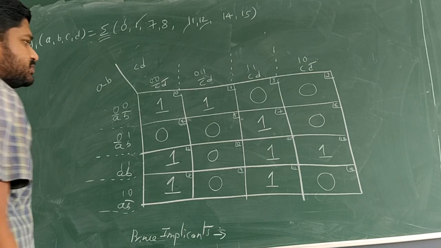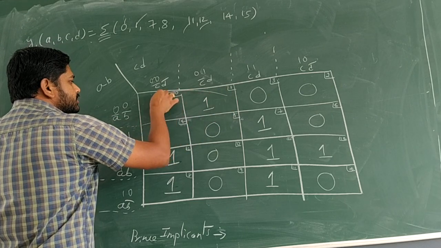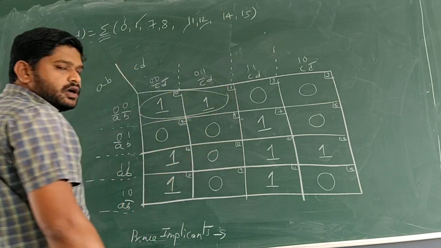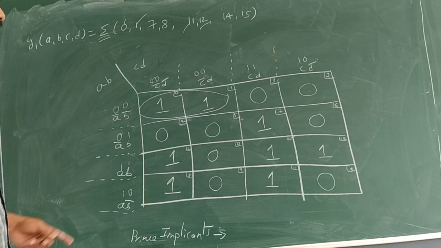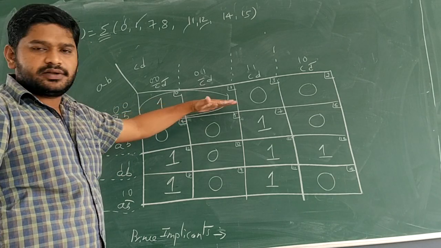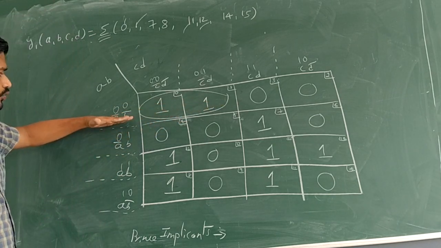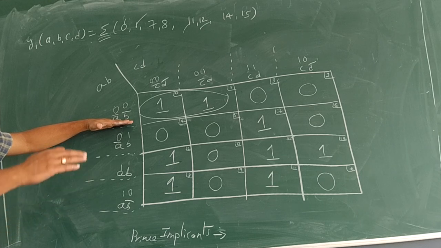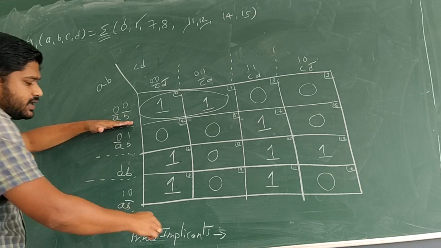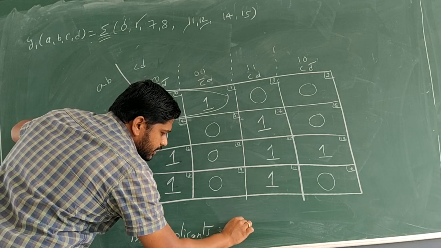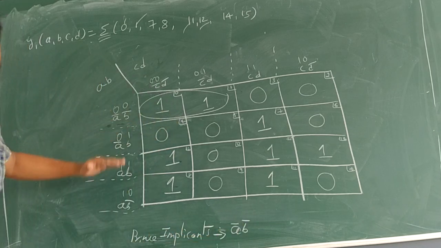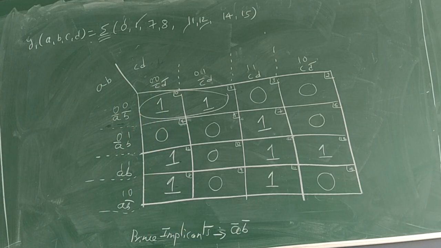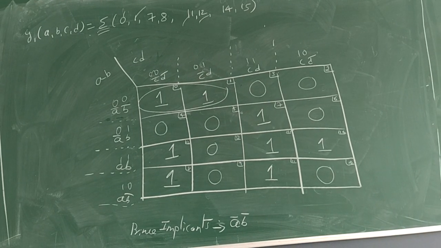See this cover number 1. It is a horizontal cover, so the row variables remain as they are. What is the row variable? A bar into B bar.